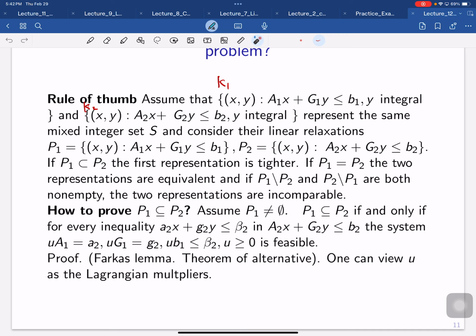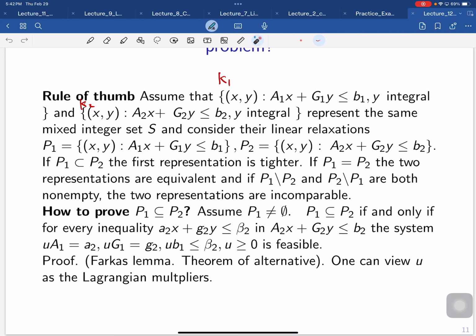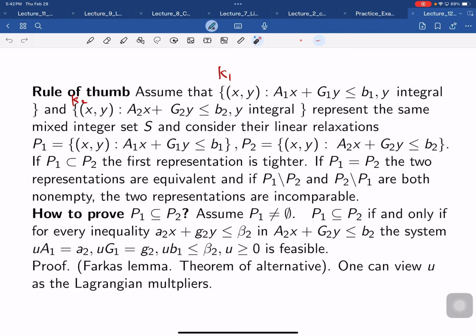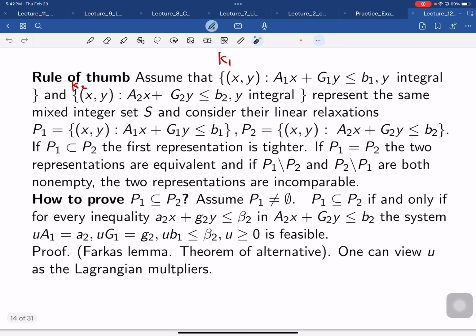So if you are comparing two MILP relaxations, which one is tighter? You want to argue that the LP relaxation of the tighter relaxation is contained in the LP relaxation of the other relaxation. And how do you prove that one polyhedral set is contained in the other? The way to prove that is that every inequality in the second polyhedron can be implied by the inequalities in the first polyhedron.